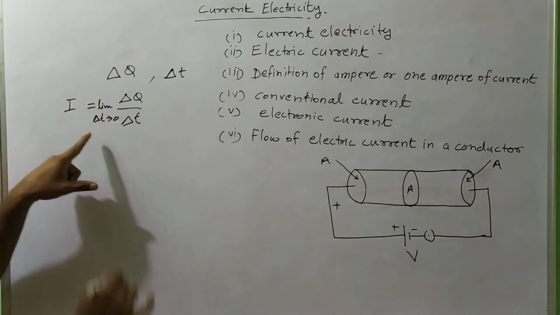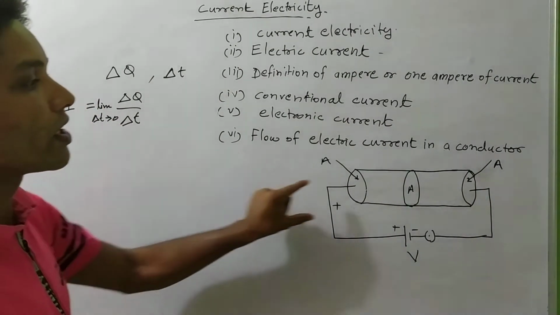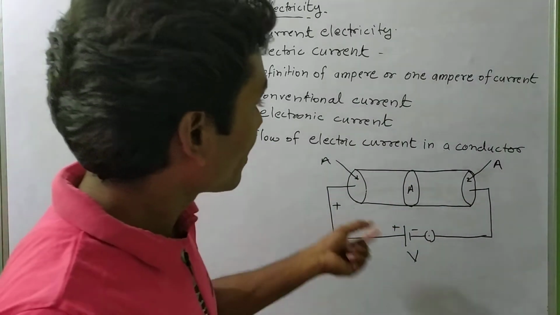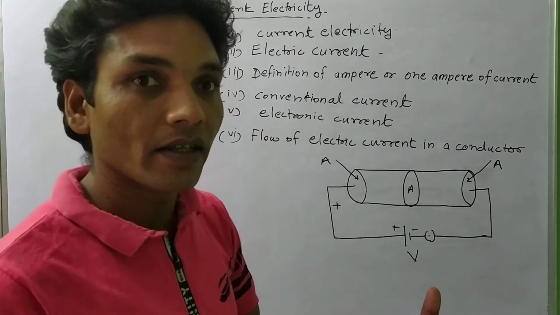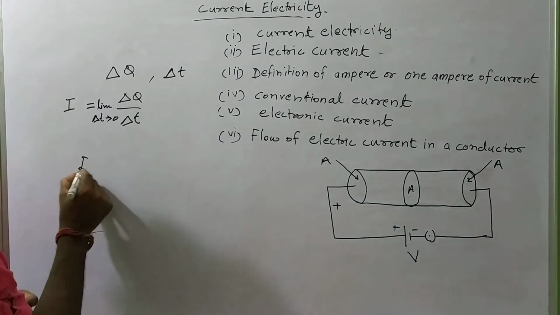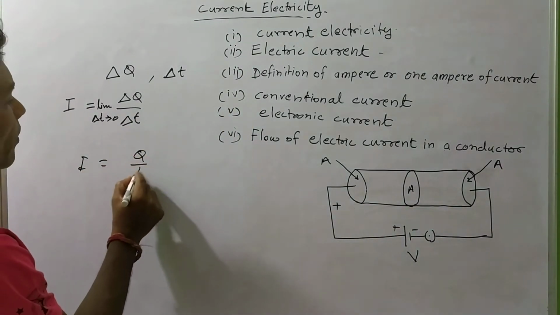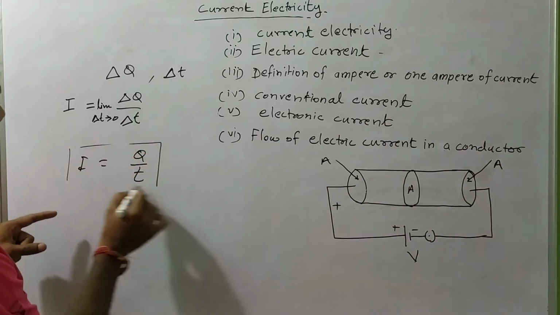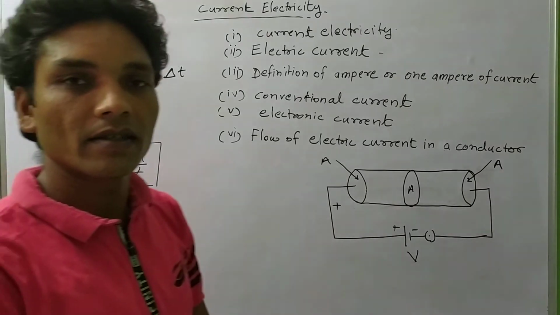This is the electric current flowing through the conductor. If charge is flowing steadily, then I will be Q upon T. This is another equation of electric current.